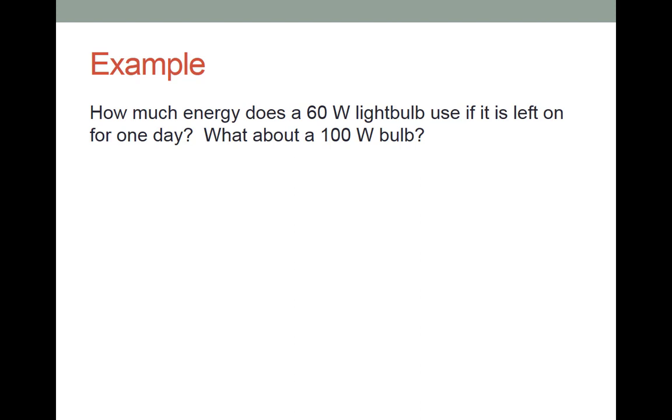So let's do a couple of calculations here. How much energy does a 60-watt light bulb use if it's left on for one day? Well, the first thing we need to know is how long is one day in seconds. So remember, one day is 24 hours, and 1 hour is 3,600 seconds.